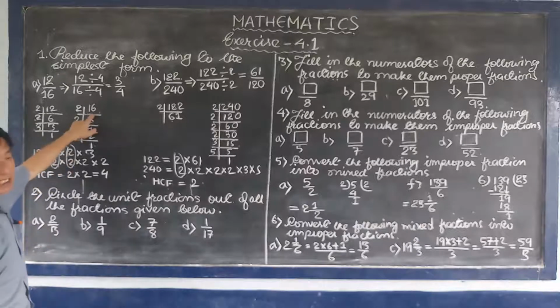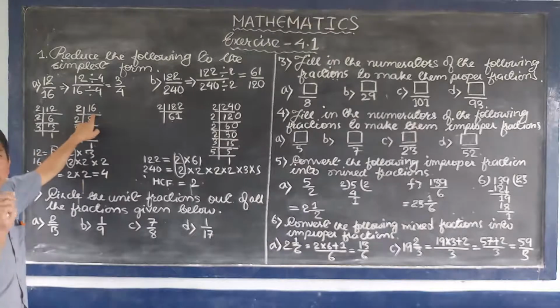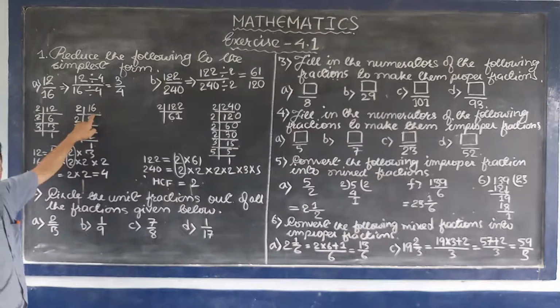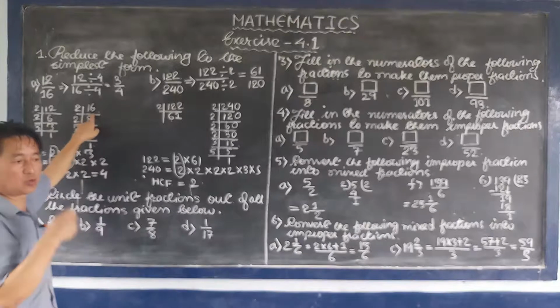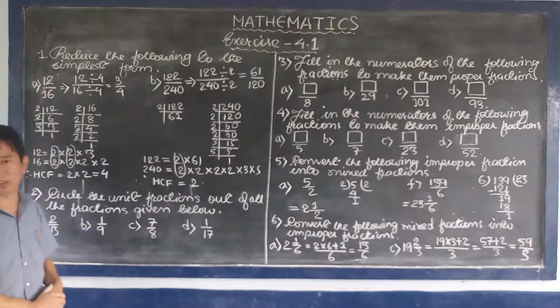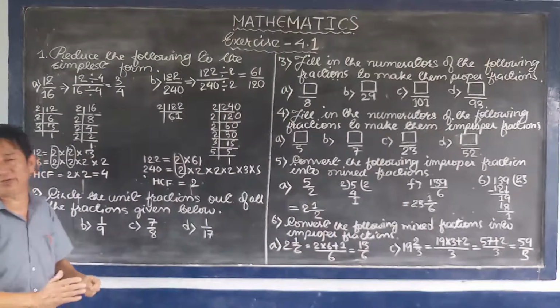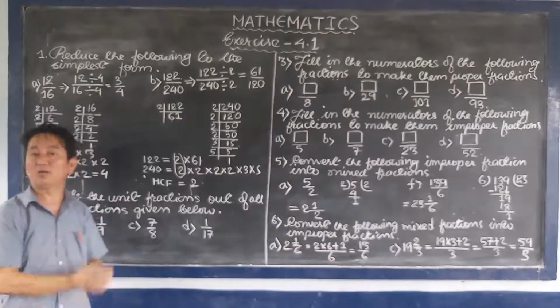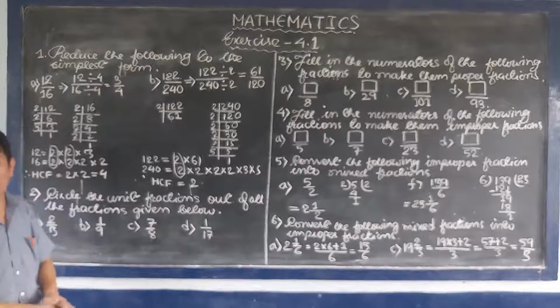Now here 16. We cannot use 4 or 8. We'll use prime numbers only. Prime numbers are those numbers which do not have more than 2 factors and are not divisible by any number. They are divisible only by the number itself and 1.